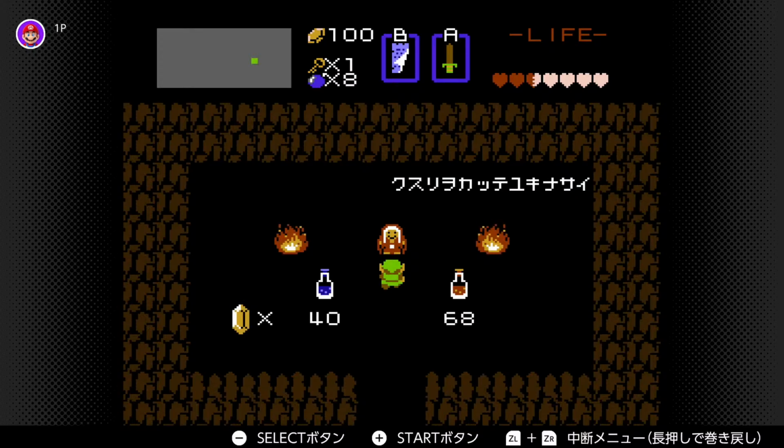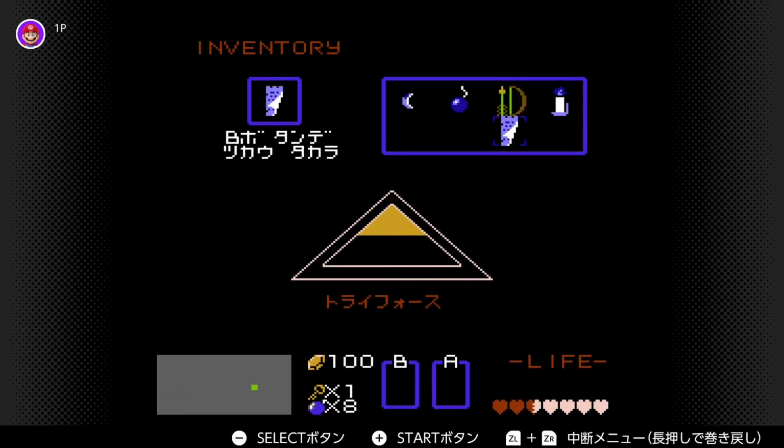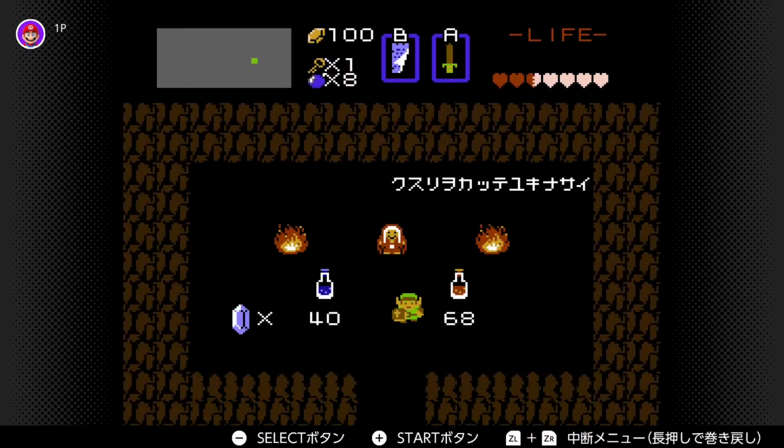So yes, she offers us these medicines. I don't remember which one we got last time. I think the red one. Do we also still have? Nope. Not sure what we got then.